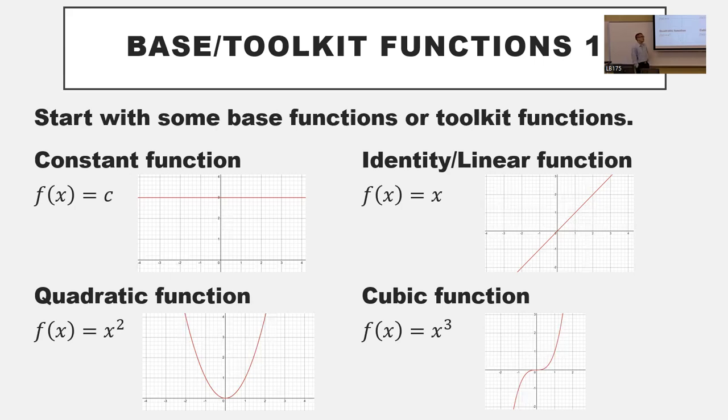And so we know what the graphs of these functions look like. F of x is equal to x is a straight line going through the origin. The base quadratic function is this shape, which we call a parabola, whose lowest point is the origin.